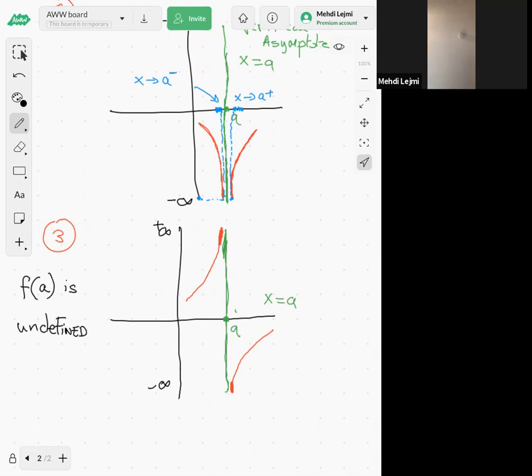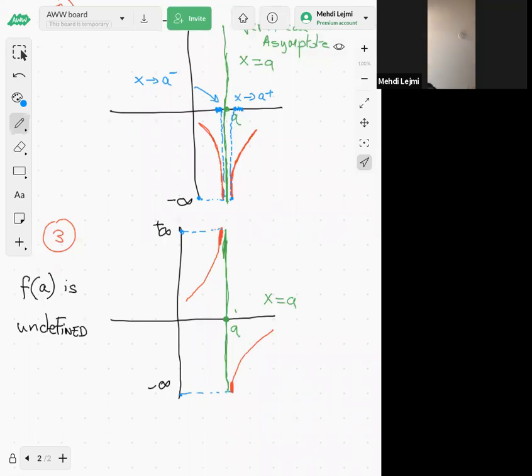Okay. And of course, here the values of the function f are at positive infinity, and here the values of the function f are approaching negative infinity. Okay. Any questions, guys? So that's for the vertical asymptote.